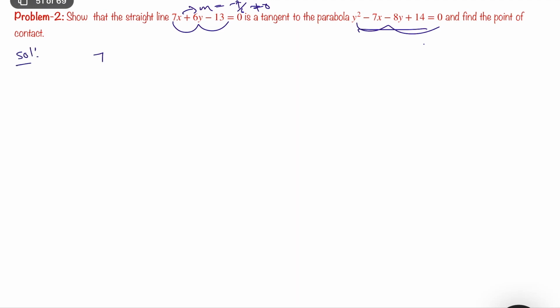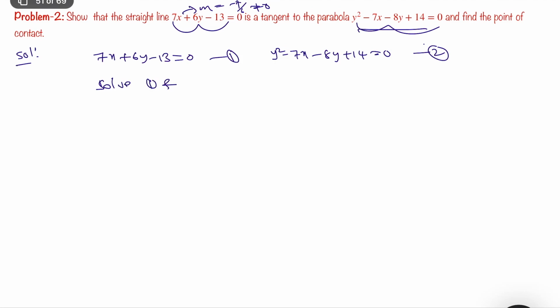Solution. First, 7x + 6y - 13 = 0, let's call it 1, and y² - 7x - 8y + 14 = 0, let's call it 2. Now let us solve 1 and 2 for the point of intersection.